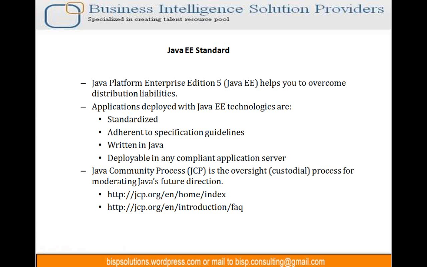And moreover, JCP is nothing but the Java Community Process. This is an organization where Java is bound, and the development that happens is purely on the directions of JCP. So whatever they develop in Java, assume that right now we are in the market of Java 1.7, and in the next 6 months or so we'll be getting Java 1.8.